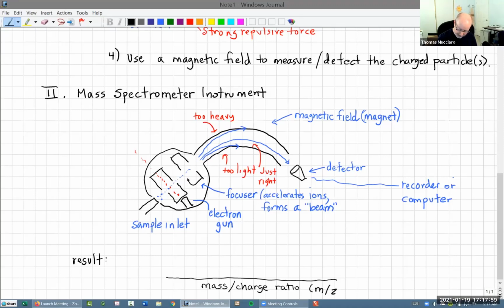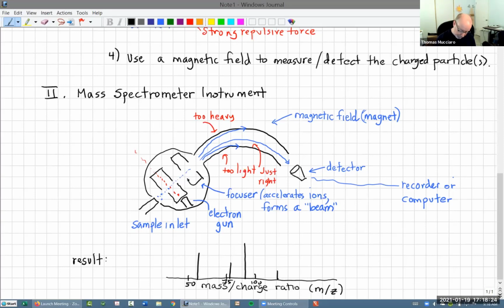M over Z, and I'll explain that in just a minute. And then these are numbers, like this might be 100, this might be 75, 50, and so forth. And then what you get is you get these lines like that. That means that there were ions.